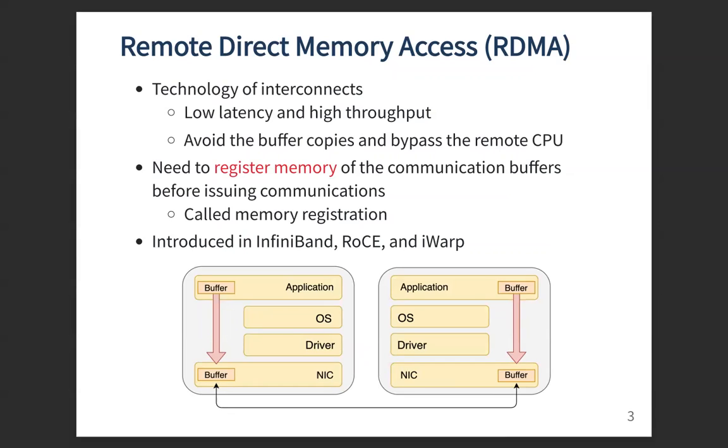In the case of the figure, you need to copy from the buffers of the application to the OS, and then to the driver, and then to the NIC. But RDMA enables us to avoid the multiple buffer copies, and in addition to this, you can avoid the interactions with the remote CPU.